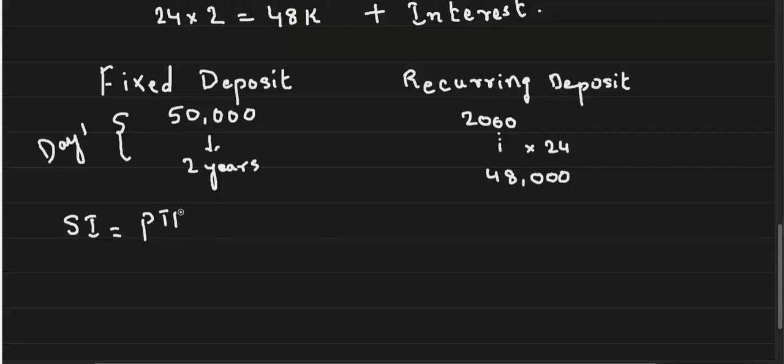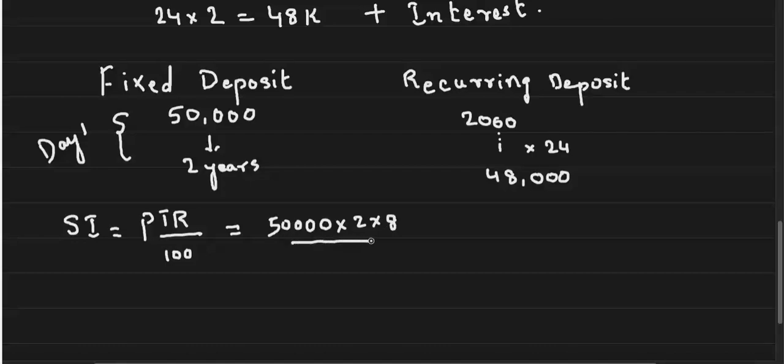What you will get is principal multiplied by 2 multiplied by the rate of interest, that is 8%, divided by 100. 500 into 2 is 1000, so that is 8,000 rupees you will get as interest, and the total amount returned to you from the bank is 50 plus 8, that is 58,000 on the FD.